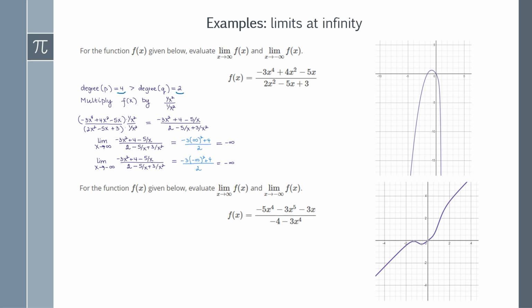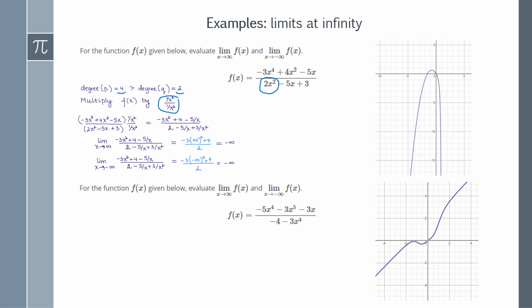So here we must do the algebraic step to determine what our limits are. Okay, so we're going to multiply our function by 1 over x squared, divide by 1 over x squared. Okay, so we're basically taking the degree of the polynomial in the denominator.